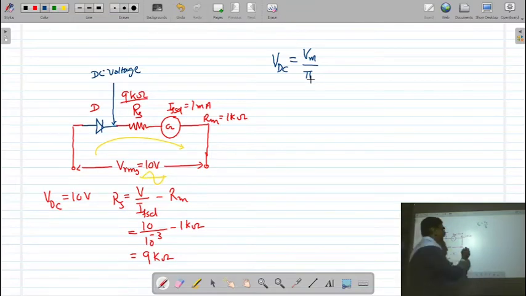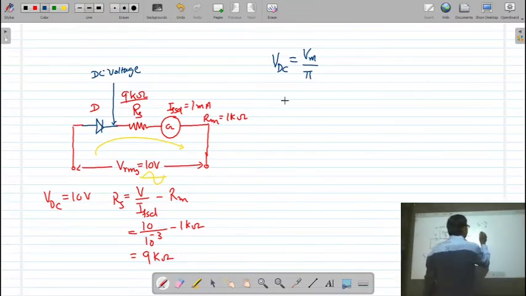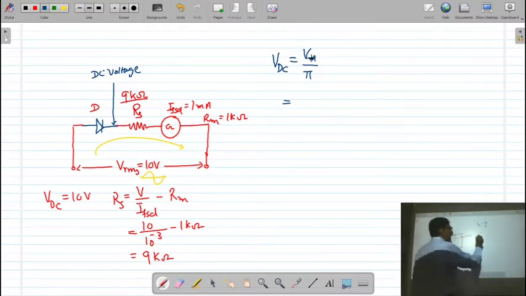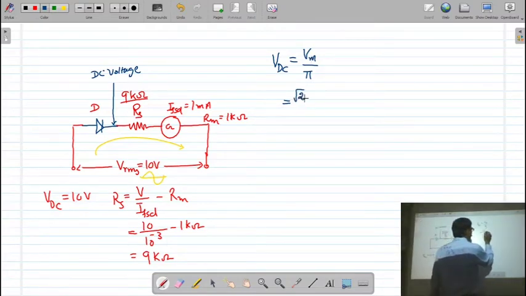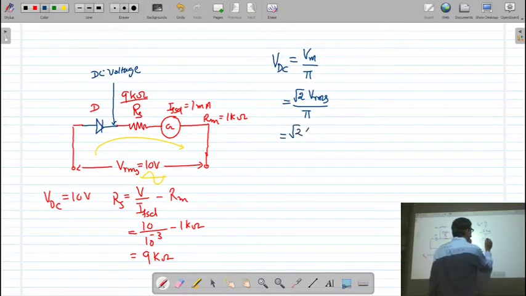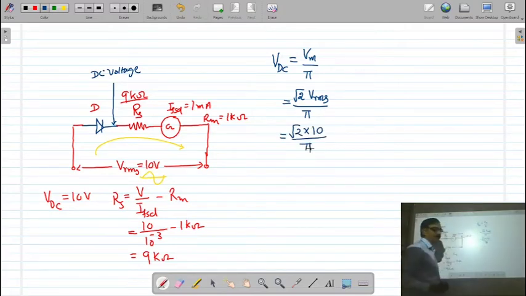Correct? And correspondingly, if I calculate this, Vm is the peak value. Now you convert into RMS because my input voltage is in RMS. So it is given as root 2 into Vrms divided by pi. So here we will have root 2 multiplied by 10 divided by pi.